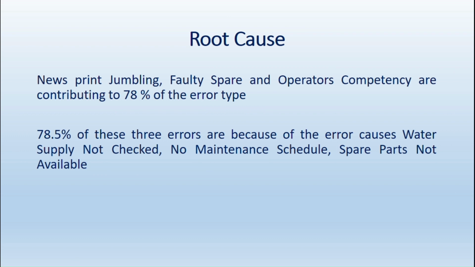Therefore, we can say that newsprint jumbling, faulty spare, and operator's competency are contributing to 78% of the error type. And 78.5% of these three errors are because of the error causes: water supply not checked, no maintenance schedule, spare parts not available. That means if we can reduce these three sub causes, then we can improve the process and reduce the time of delay in printing newspapers.